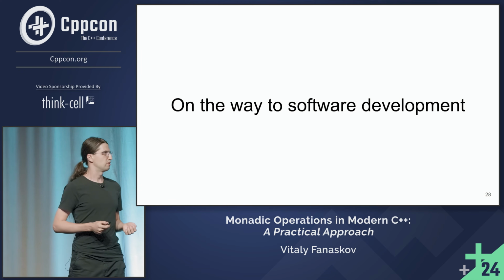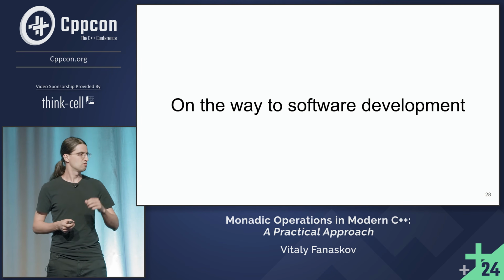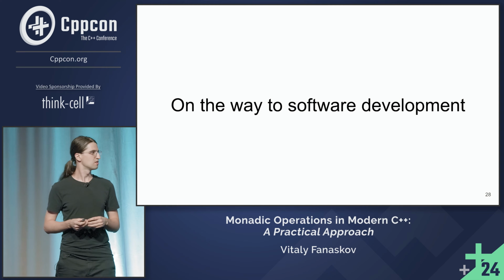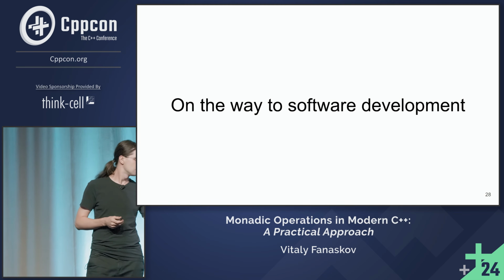Any questions about the basics of monadic operations so far? Yes, please, shoot. I just want to add a comment on another benefit. Everybody cares about using this monadic functionality for performance.